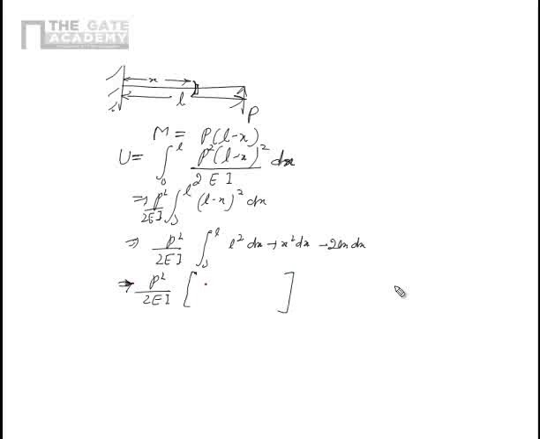I can do the integration here: L square x from 0 to L, plus x cube by 3 from 0 to L, minus 2L times x square by 2 from 0 to L. So that becomes P square upon twice EI.